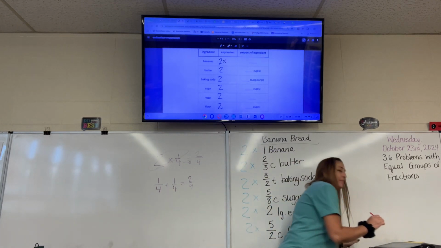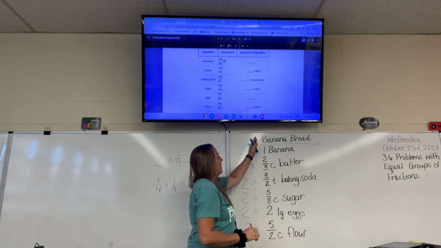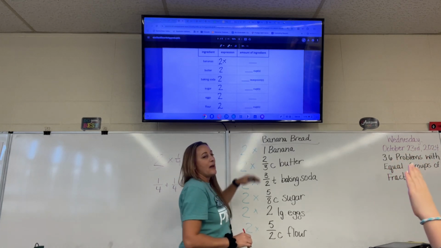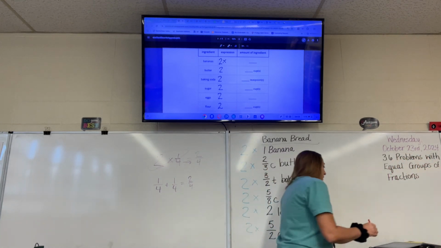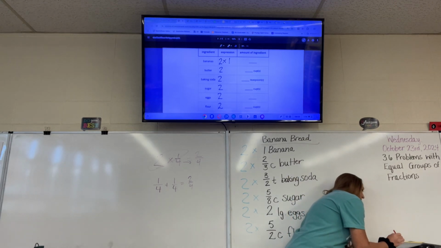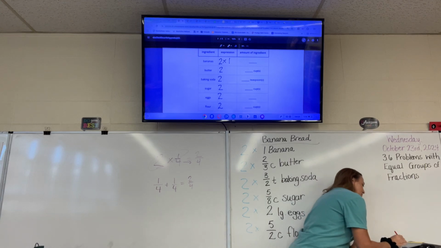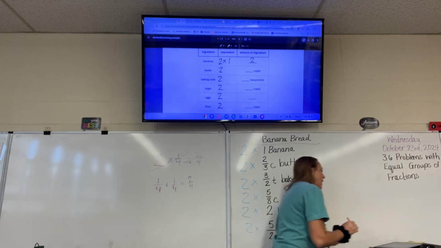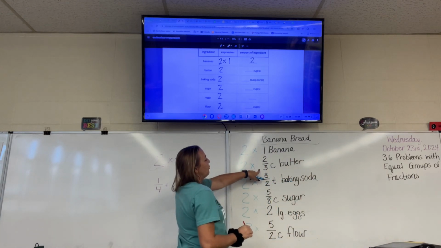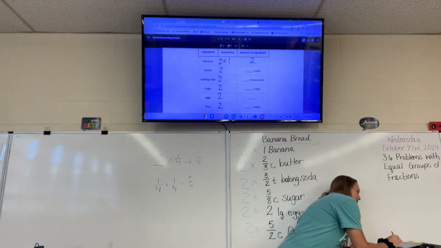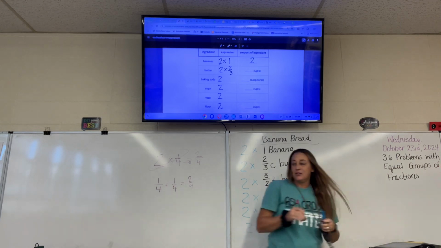So, how many bananas does it take for one batch? 1. But we're going to multiply that 1 by 2 to get the number of bananas for 2 batches, which of course is 2 bananas. Okay? Now, 1 batch is 2/3 cup, but 2 batches would be 2 times 2/3 cup. Let me show you something.